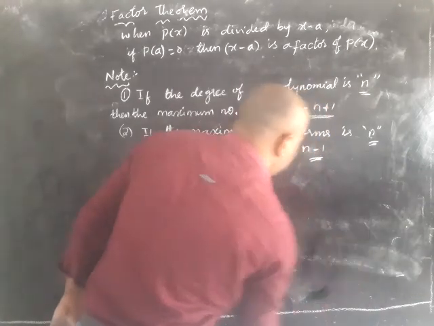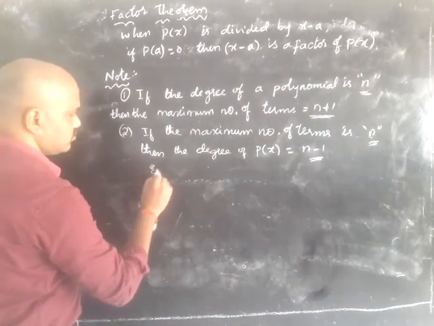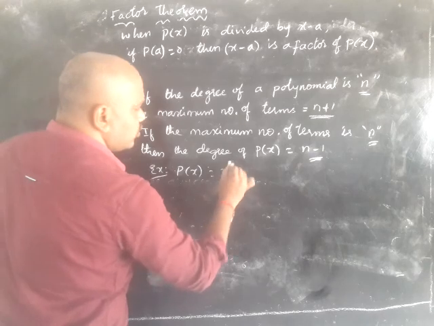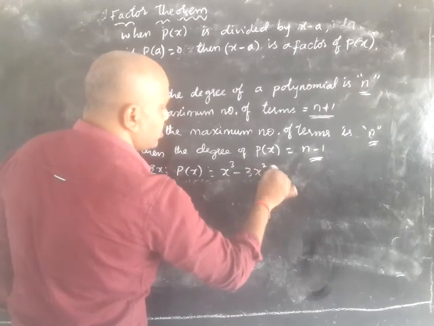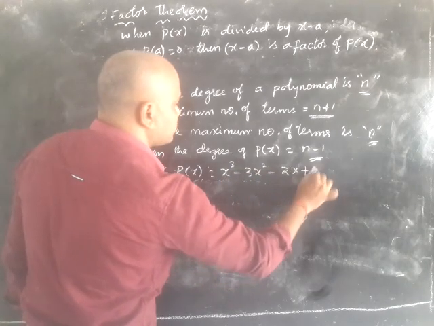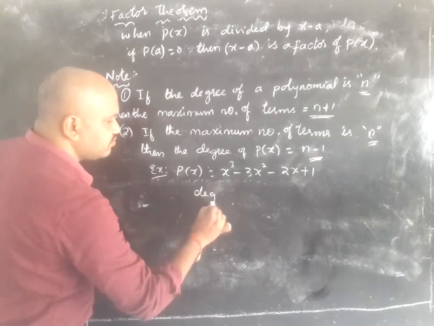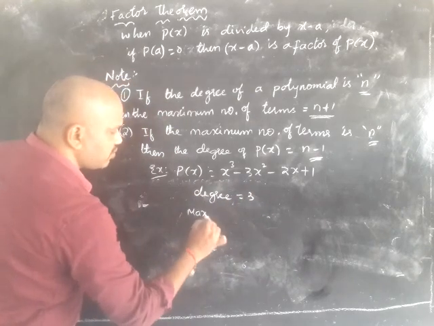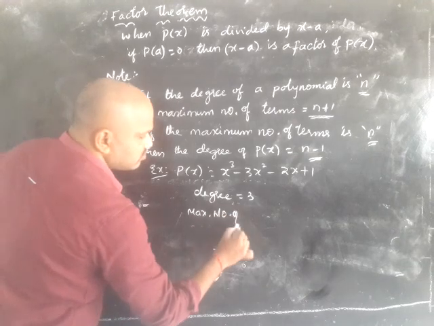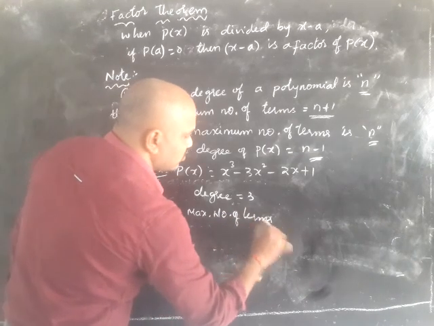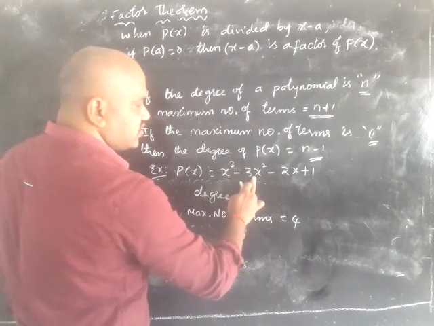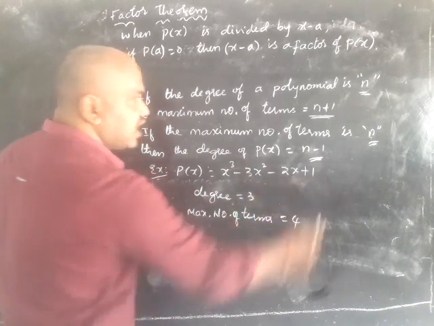See this example: x cube minus 3x square minus 2x plus 1. What is the degree here? 3. How many maximum terms? 4: x cube is 1 term, minus 3x square is 1 term, minus 2x and 1.